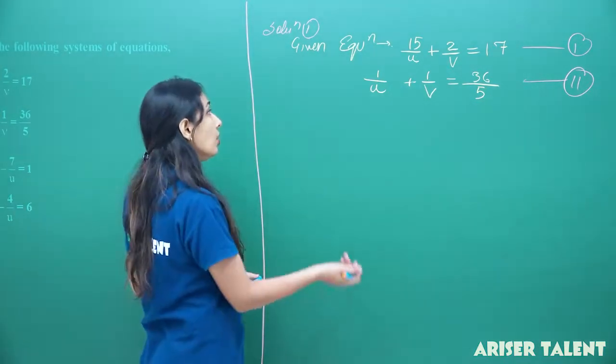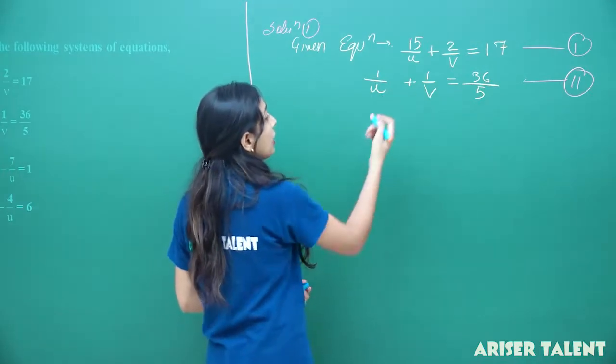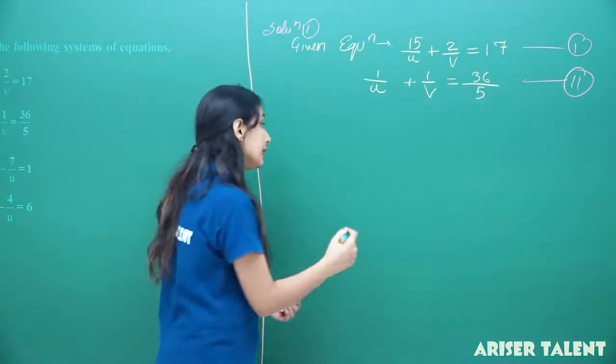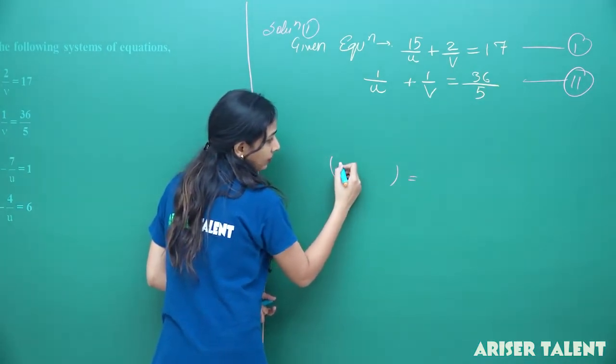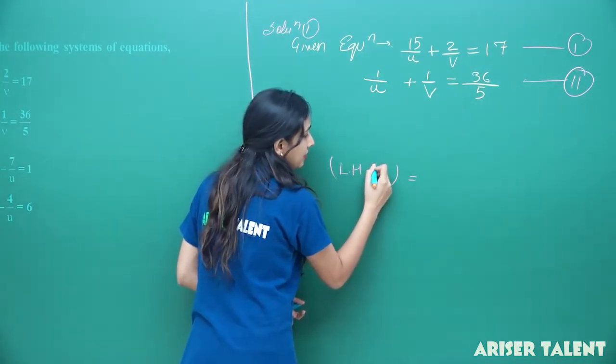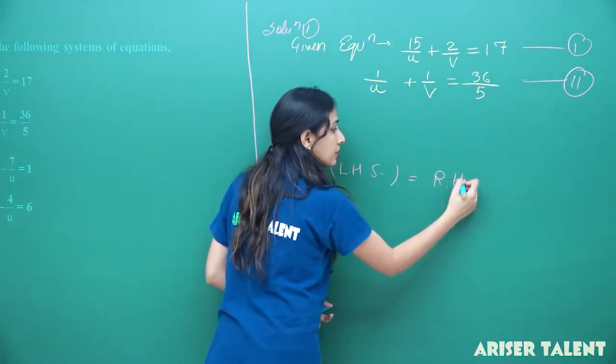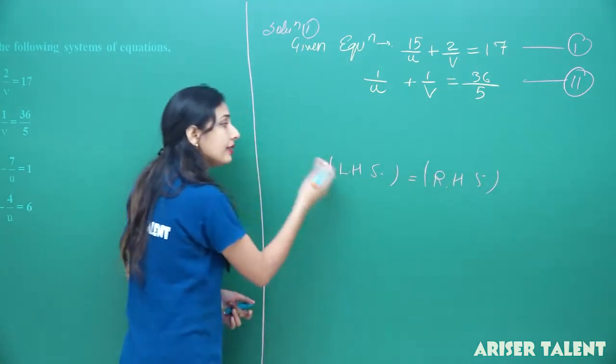Okay, so consider an equation, students, with this as the LHS and this as the RHS.